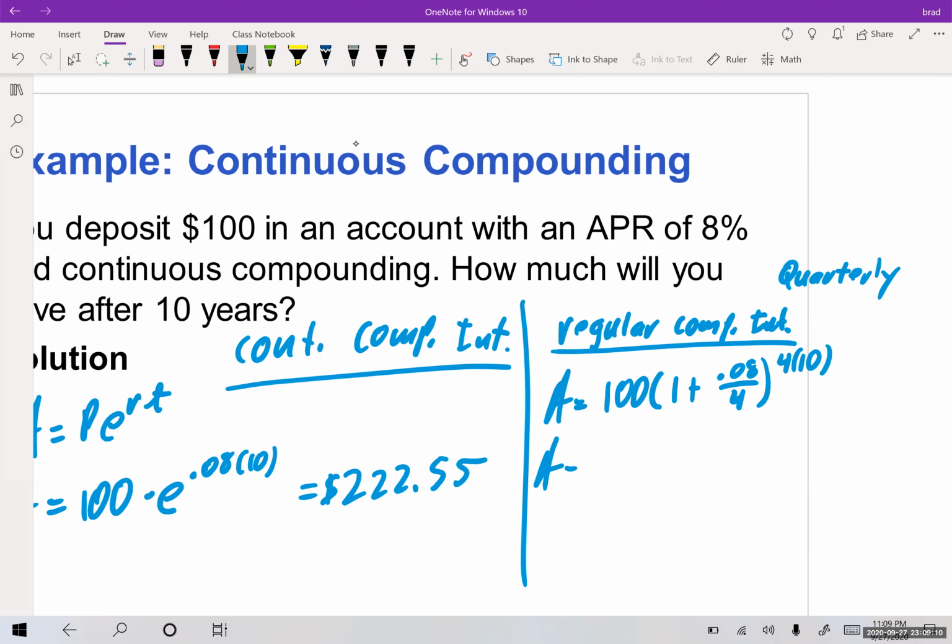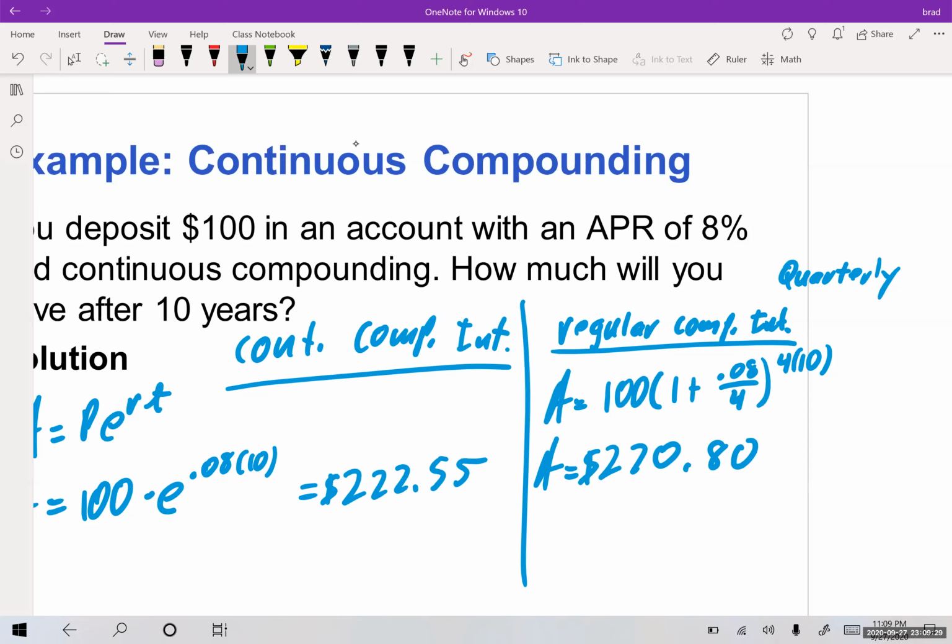Let me take out my handheld calculator just to be faster. 100 times (1 plus 0.08 divided by 4) to the power of 40. And I get $220.80.